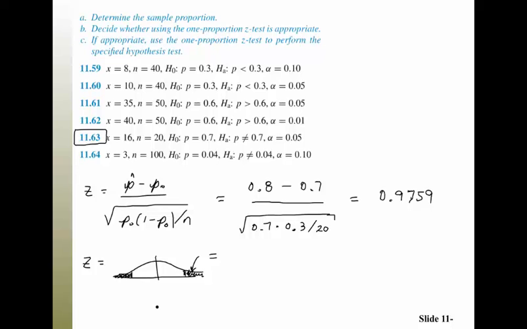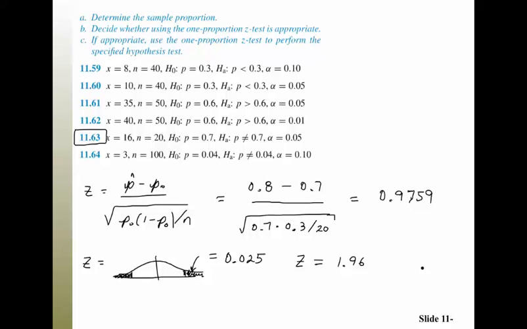So we're going to have 0.025 in each tail. Then you look at your table and you get the critical value. As soon as you get it, tell me what that is. 1.96. Agree? It's a familiar one, right?